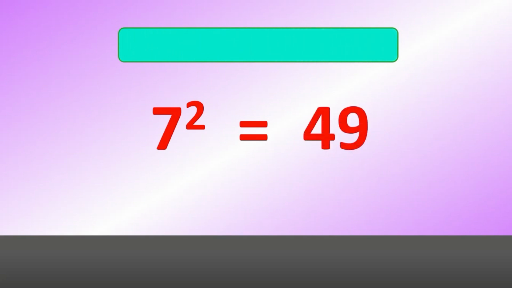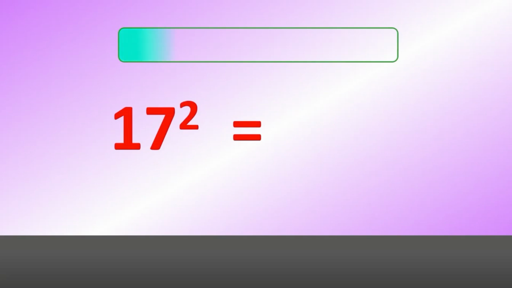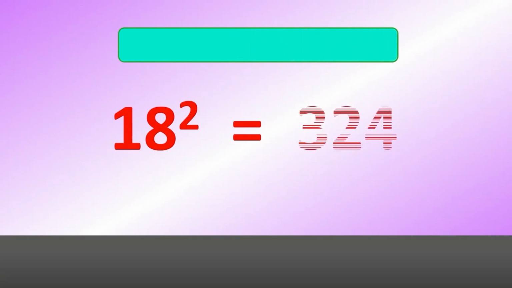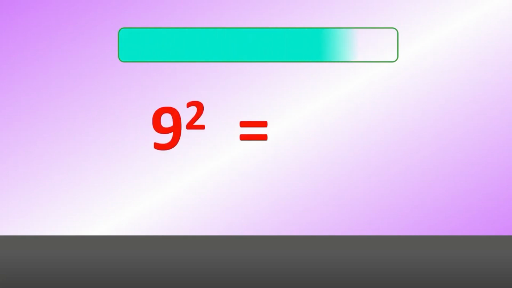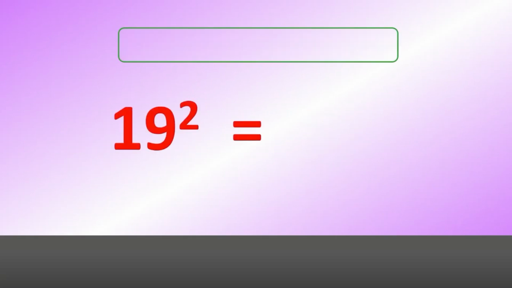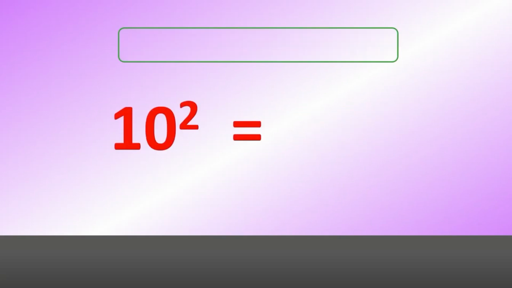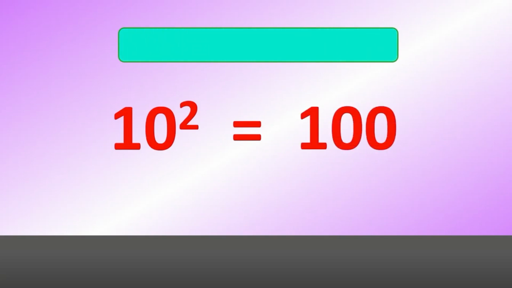7 squared is 49. 17 squared is 289. 8 squared is 64. 18 squared is 324. 9 squared is 81. 19 squared is 361. 10 squared is 100.